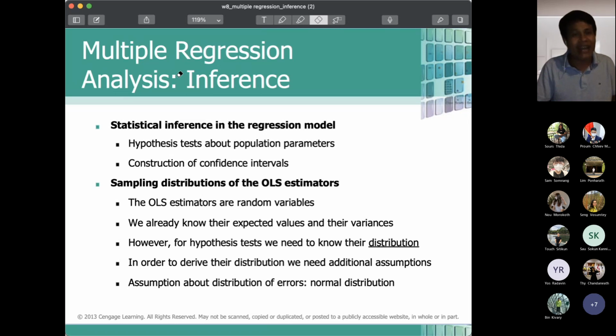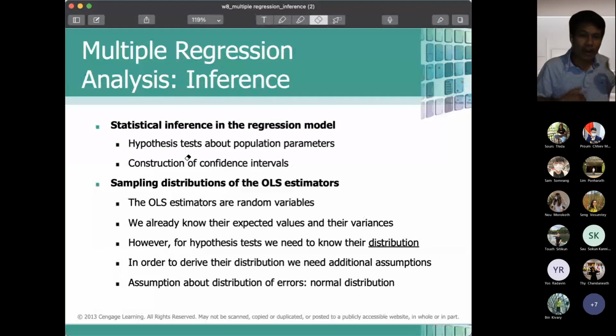But normally you cannot analyze the population, you analyze a sample. If you analyze a sample on behalf of the population, you need to conclude and say something about the population. All right. So for statistical inference in the regression model, we will need to discuss hypothesis testing about population parameters.